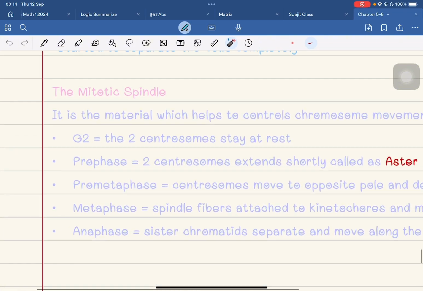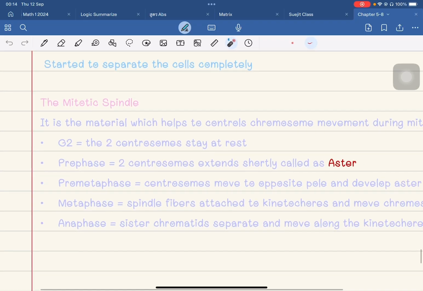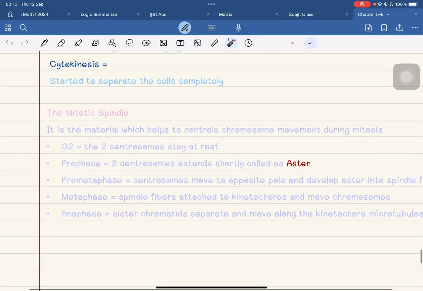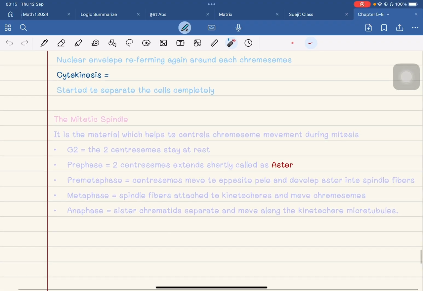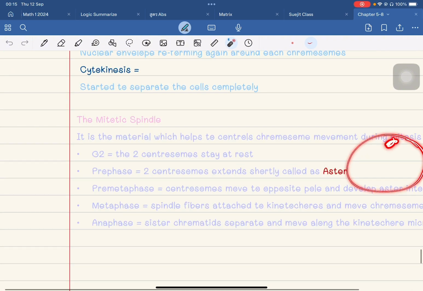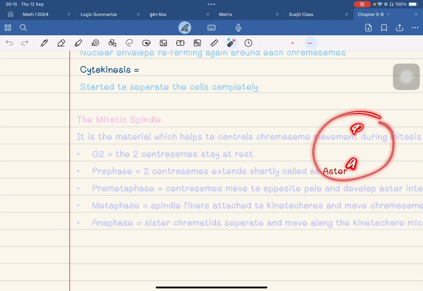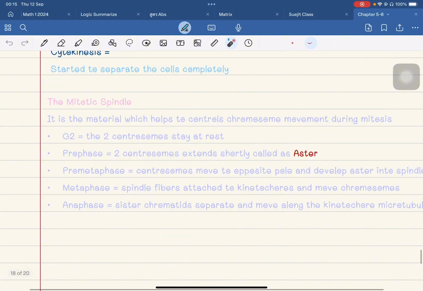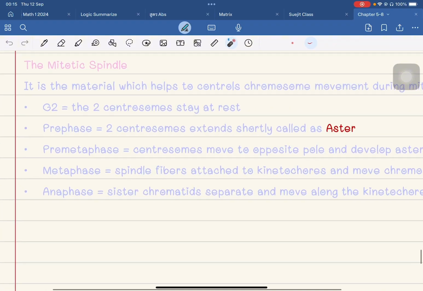Then the prometaphase is when the centrosomes move to opposite poles and the asters develop into spindle fibers. So first the centrosomes are here, then they move to the poles, opposite to each other.